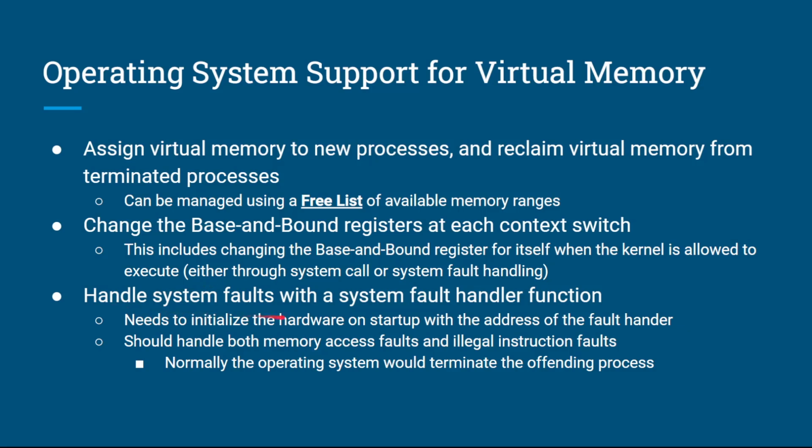Finally, the operating system needs to handle faults, and we had two different faults that we talked about, both the address or the virtual memory access fault as well as the illegal instruction fault. The operating system first needs to initialize the hardware with these addresses, and then the operating system should have functions to handle both memory access faults and illegal instruction faults.